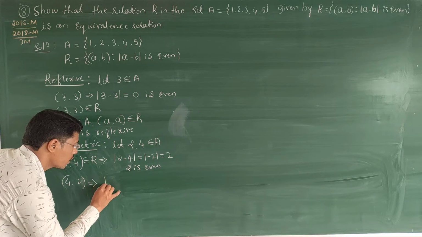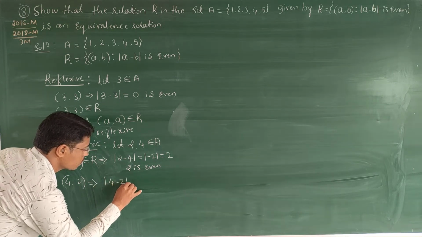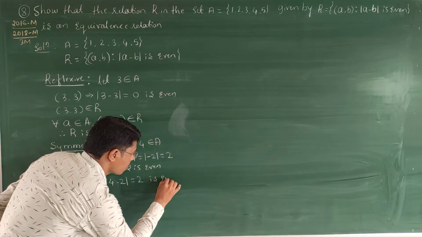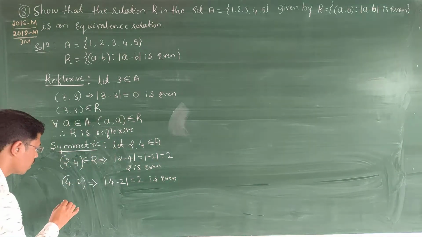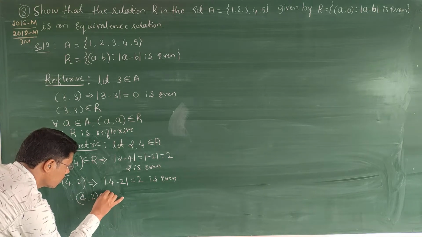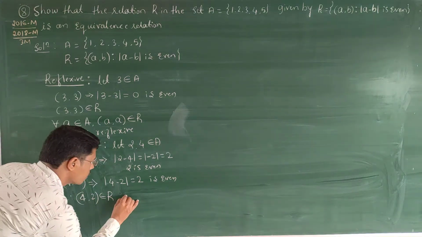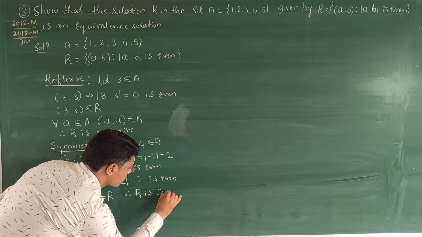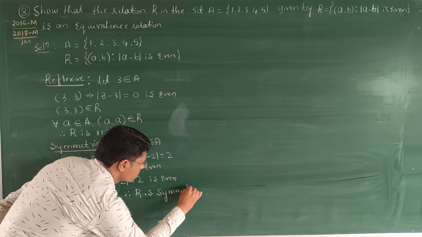Put in the relation, 4 minus 2 is equal to 2, so it is an even number. Therefore (4, 2) belongs to R. Therefore R is symmetric.